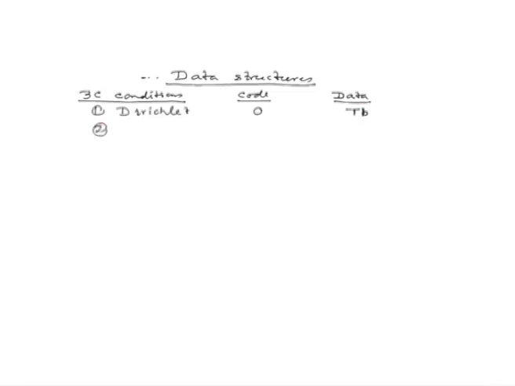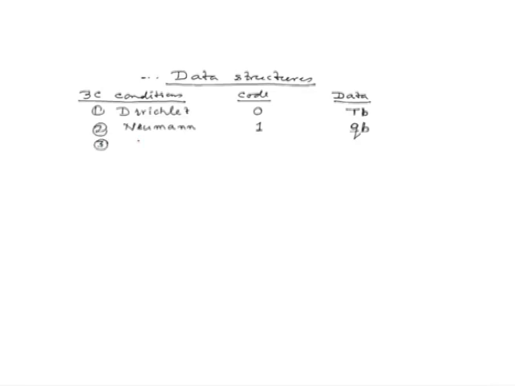The second one is a Neumann boundary condition, that is specified flux. Let's use an integer code 1 for it, and the specified data is basically the heat flux.